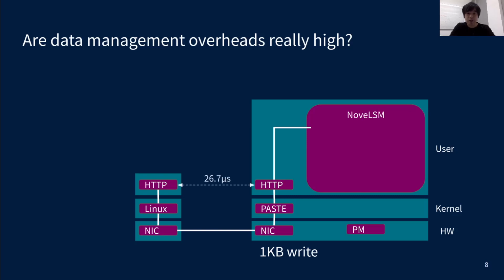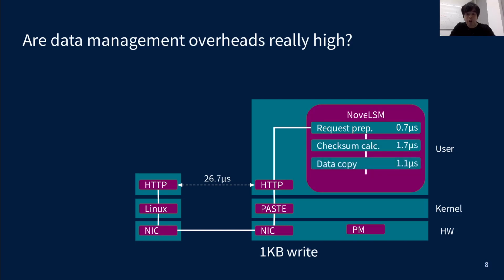The networking latency, including TCP and HTTP, was 26.7 microseconds. This is an application-level round trip time. Once the request goes to the storage stack, request preparation takes 0.7 microseconds. Checksum calculation takes 1.7 microseconds.